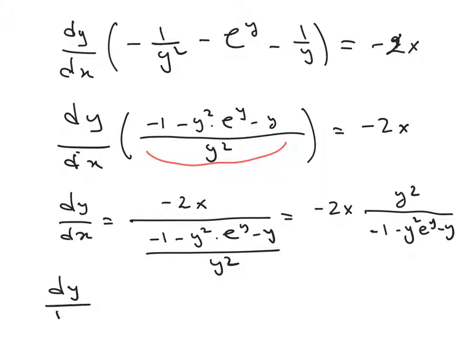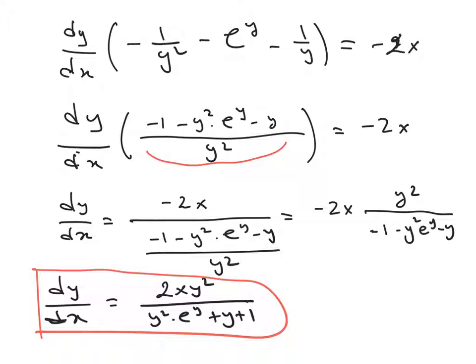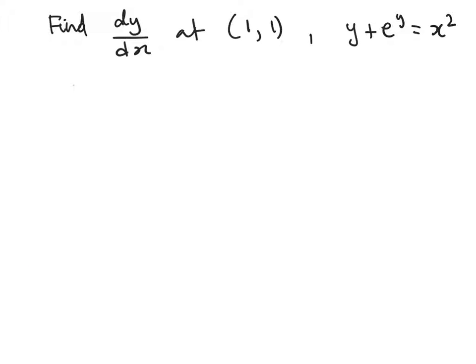And now the final expression is dy over dx equal to 2x y squared divided by y squared e to the y plus y plus 1, after rearranging terms, simplifying, and so on.